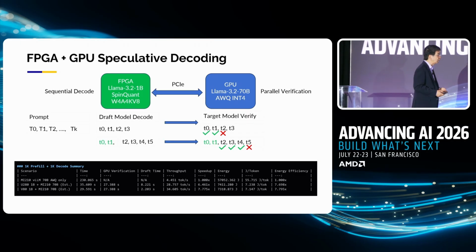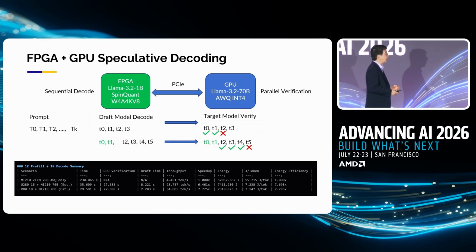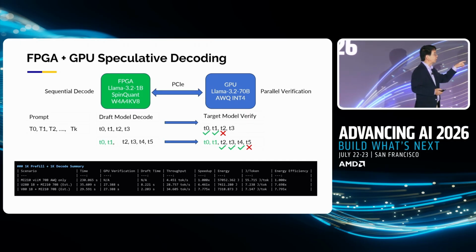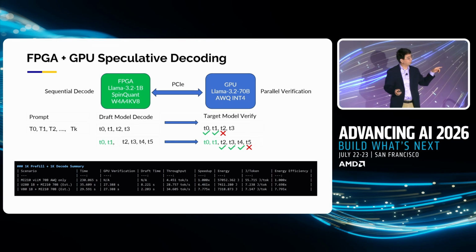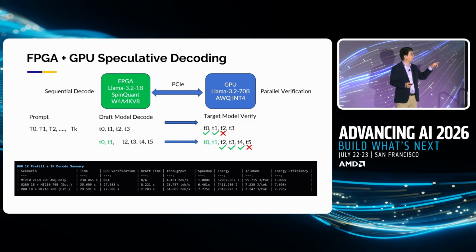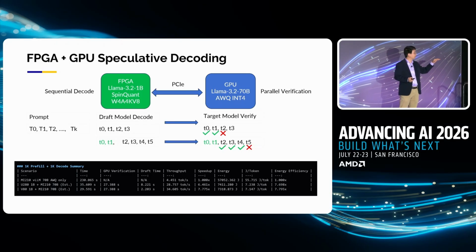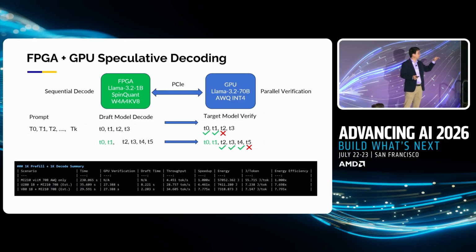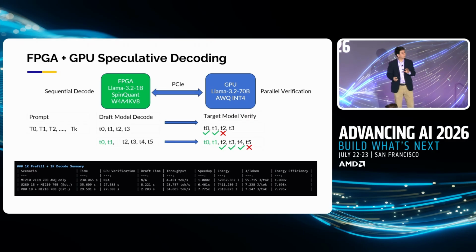Probably it's a little bit difficult for you to see on this one, but the first line is you just do decode on GPUs, the whole inferencing on GPUs. That's the baseline. So we use a U80 FPGA, which is actually a fairly old FPGA, 16 nanometer process.